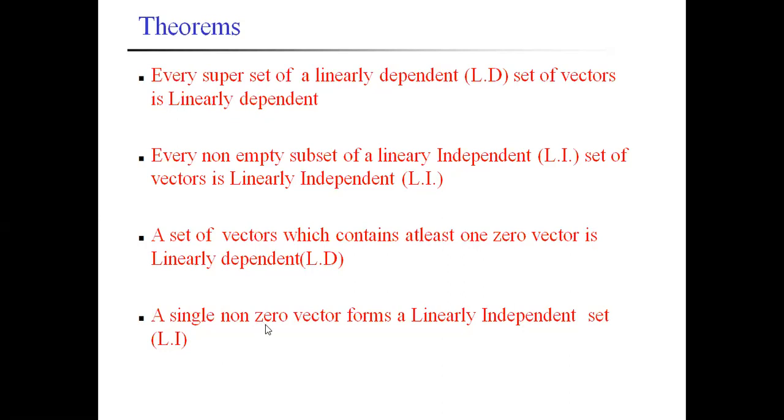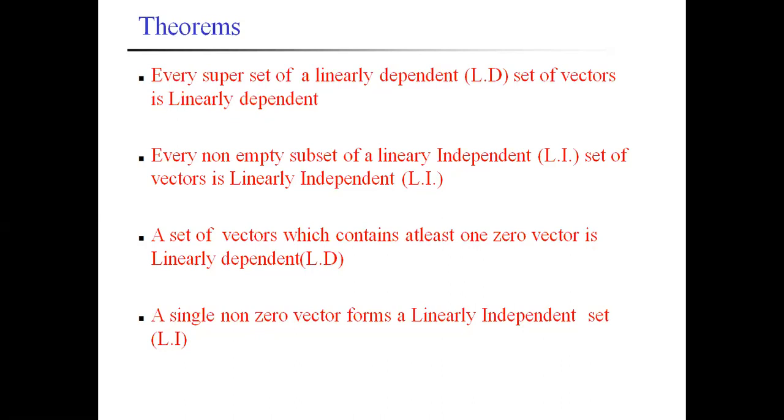A single non-zero vector always forms a linearly independent set. Take a vector u, where u is a non-zero vector. How do we write the linear combination?